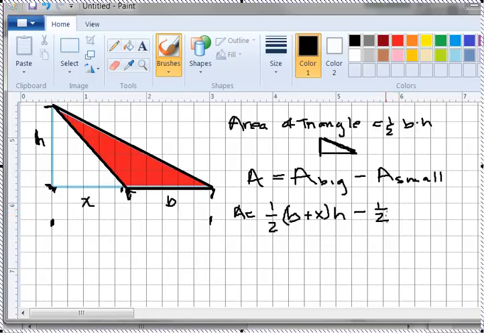Sky is saying X. Okay, B is not equal to X. Marin is saying the base of the small triangle is B plus X. And I disagree with that because the base of the big triangle is B plus X. What is the base of this small looking triangle right here?